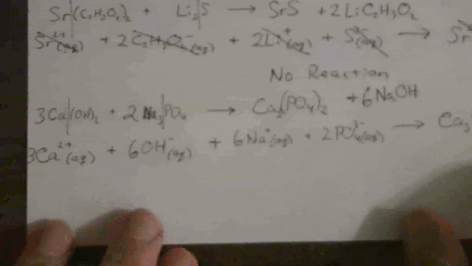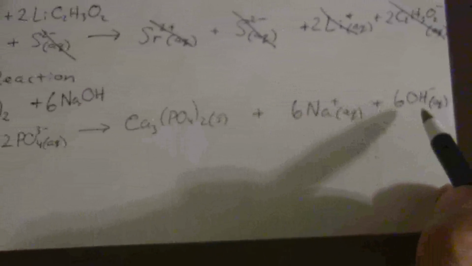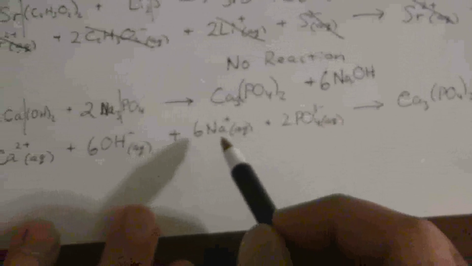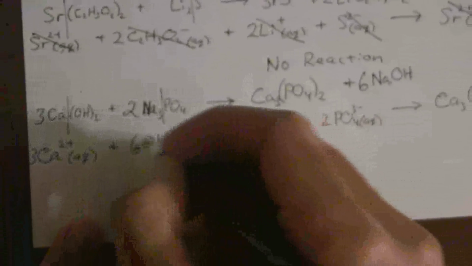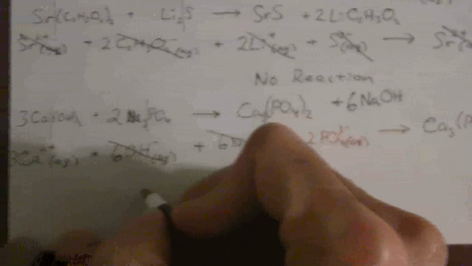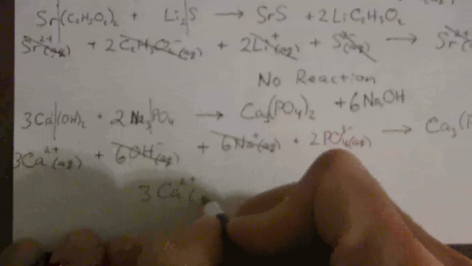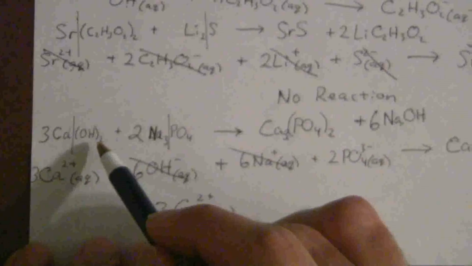Now let's cancel the spectator ions. Okay, sodium and hydroxide, sodium and hydroxide, 6 of each. Those will be my spectator ions. And what I have is 3 calcium ions that come from my original calcium hydroxide.